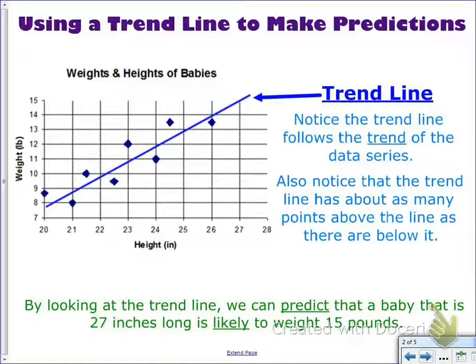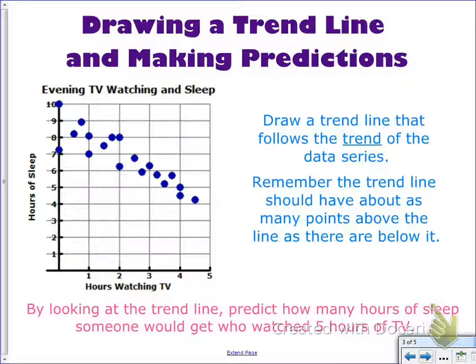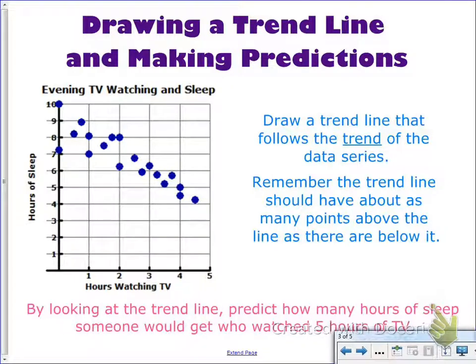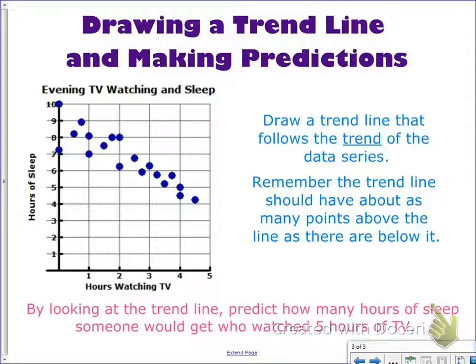So to show you another example, we're going to make a prediction based on the evening time watching TV. So they want to figure out how much sleep someone is getting if they watch 5 hours worth of TV. So if we draw our trend line, remember, with a trend line you want to have about as many up top as you do below.